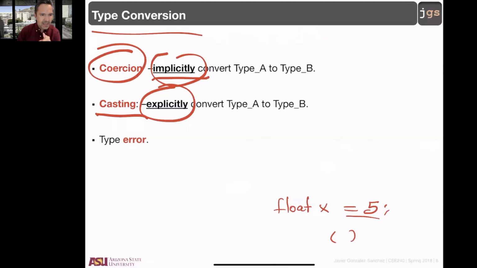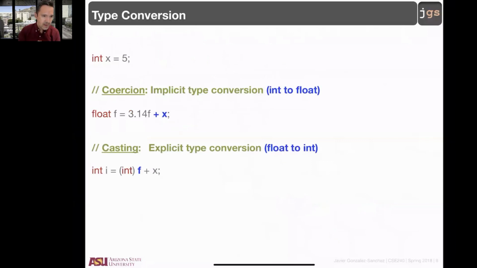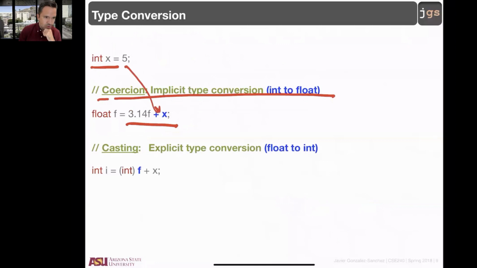So casting and coercion, two concepts that I need you to remember. Implicit conversion here, because this is an integer, and before doing the operation, I need to transform. I cannot do the operation with two data in different formats.